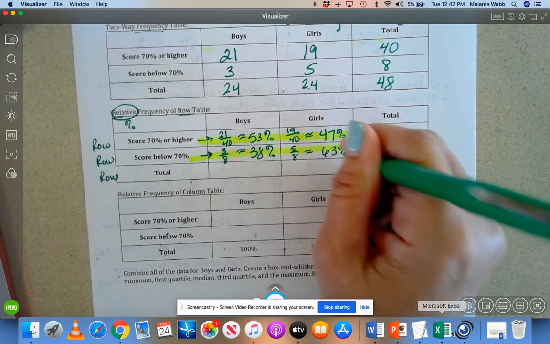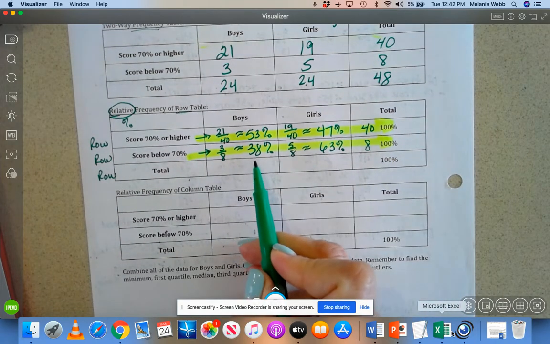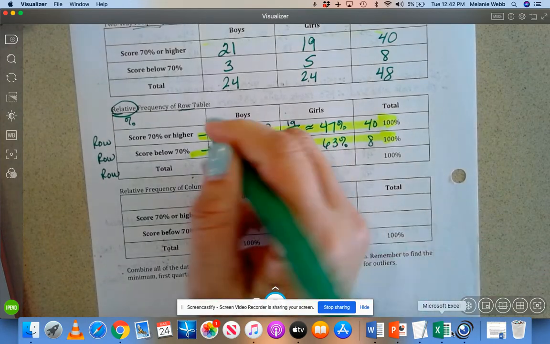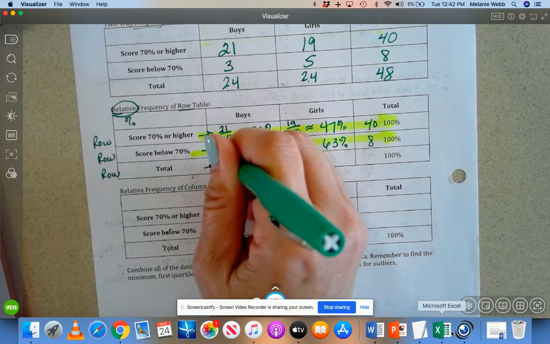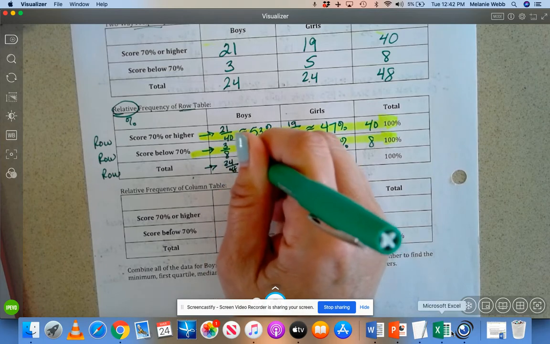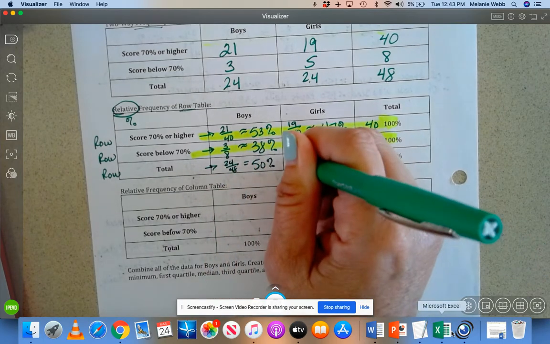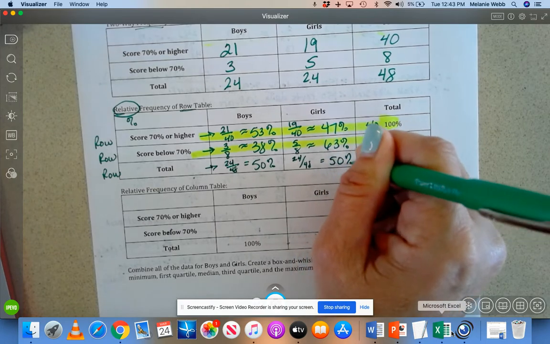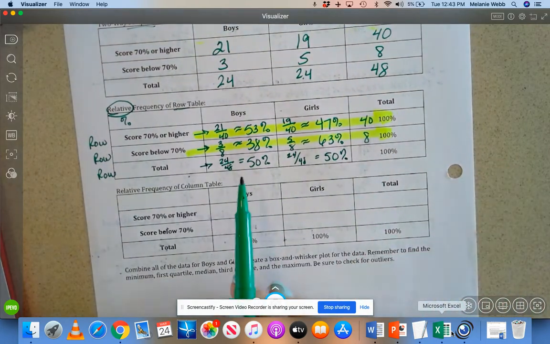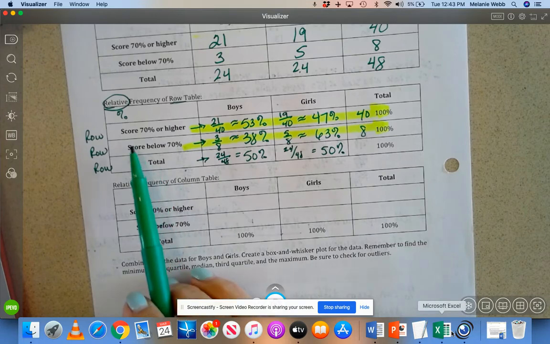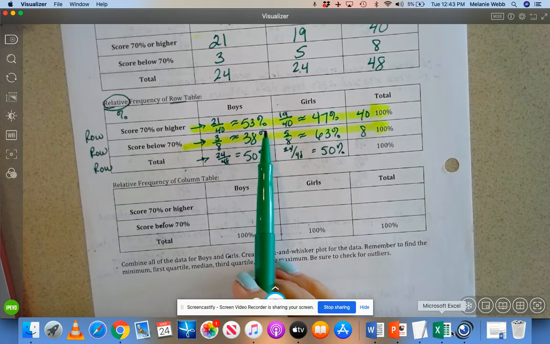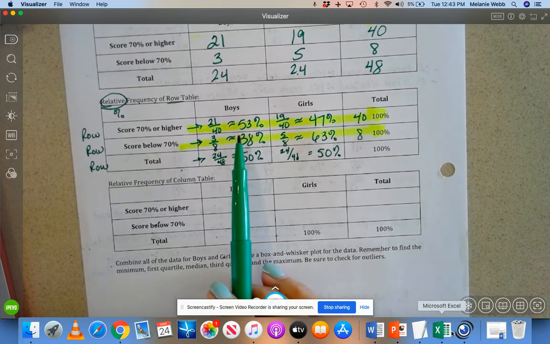You know, this is 37.5, this is 62.5. You could fudge on those a little bit. And then you have 24 out of 48, which is 50%. Okay, that's by row. And you can make a statement by row, like, of those who scored 70% or higher, 53% of them were boys. That would be an example of a statement by row.